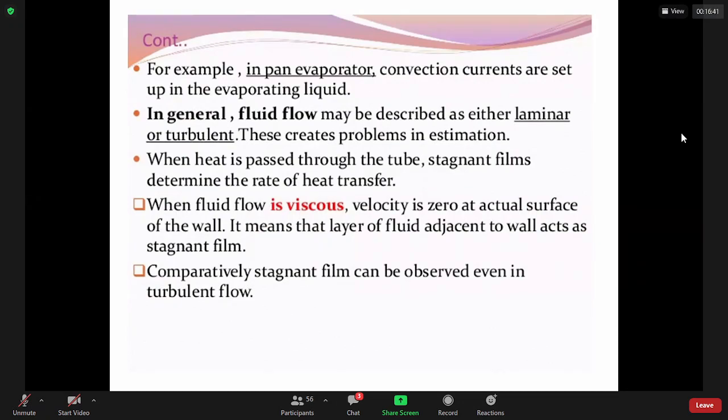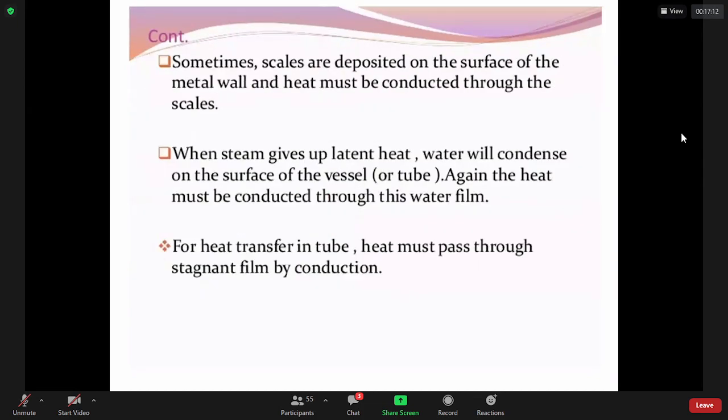We've seen that in convection, one region of hot water moves and hands the heat to another, cooler region. If you have it stagnant, that means conduction of heat will be realized in this particular stagnant film. Sometimes scales are deposited on the surface of the metal wall and heat must be conducted through the scales.